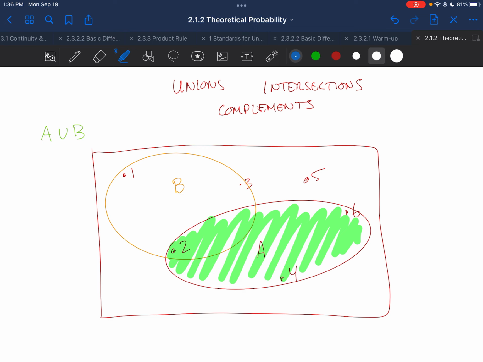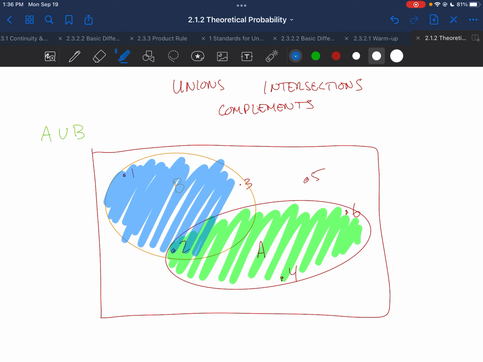So A union B says find everything in both of these sets. A union B would consist of the elements 1, 2, 3, 4, and 6. So there are 5 favorable outcomes there for A union B.